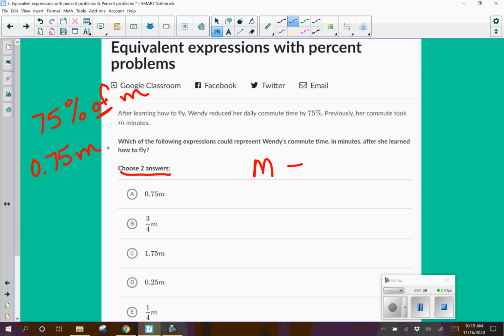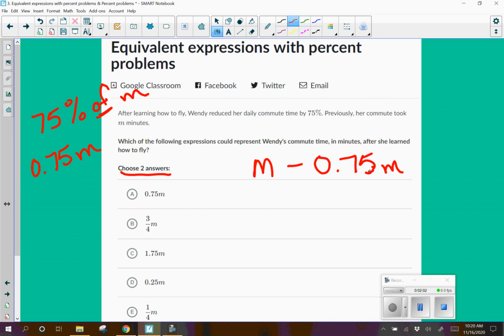So the reduction is going to be 0.75m. She was originally m minutes, and now we're reducing it by 0.75m. We're looking to subtract that reduction from the original amount of time.